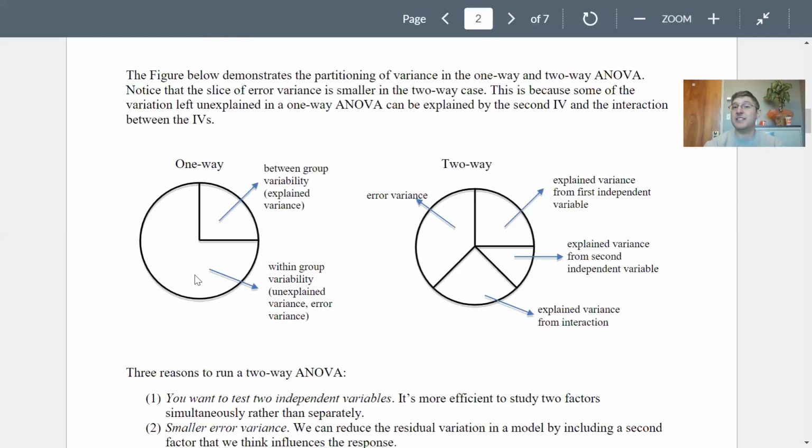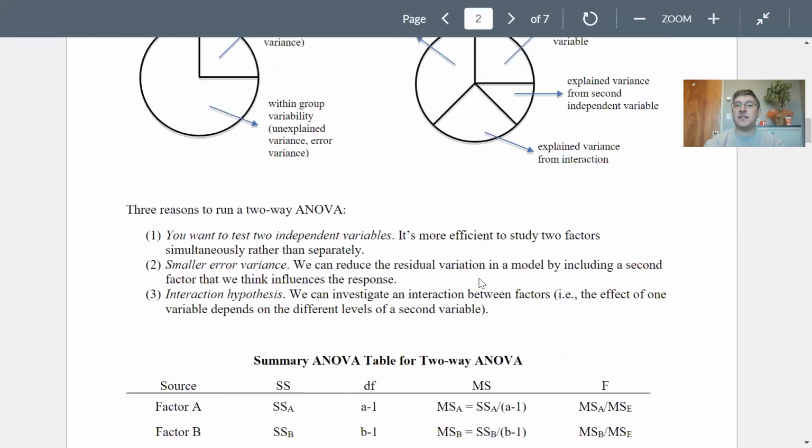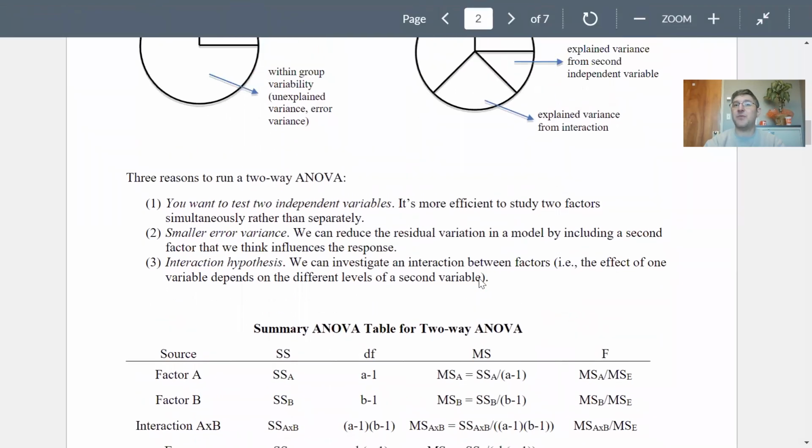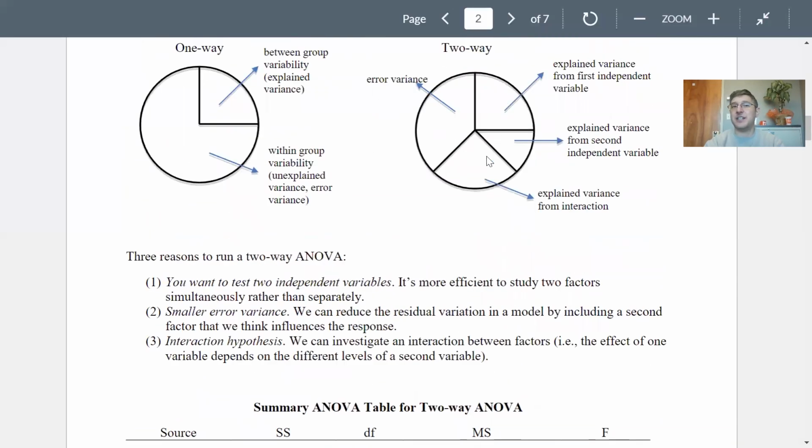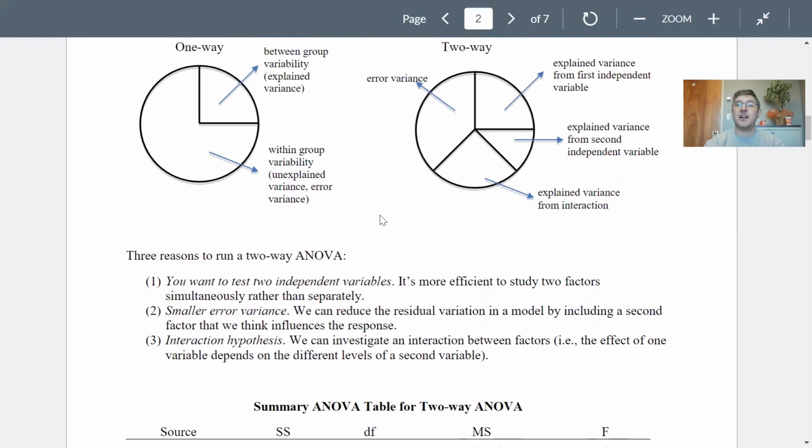We'd have variance explained by our first independent variable, variance explained by our second independent variable, and then variance explained by the interaction between our two independent variables. That's what these graphics are supposed to show.